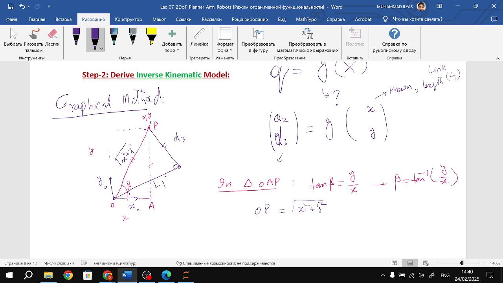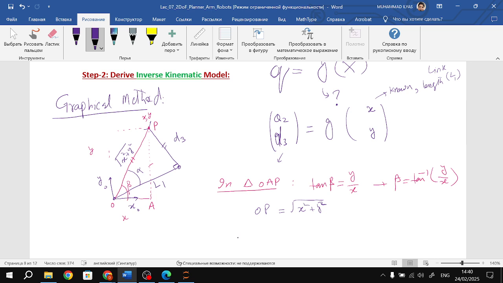Okay. So can you find this angle? Let me call it alpha. We can find it using L1 and 90. We can get alpha from this triangle, right?